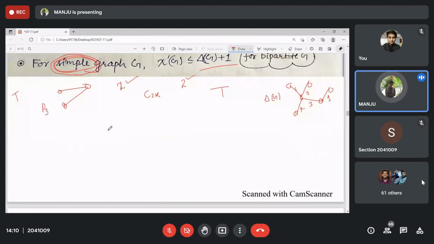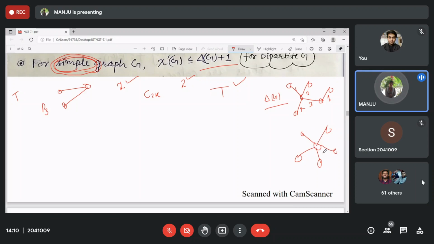Ma'am, in a tree the chromatic number will be less than or equal to n minus 1 in the maximum case. In a star, yes, it will be less than or equal to n minus 1. If you have a star with n minus 1 vertices here, so n minus 1 edges, right?